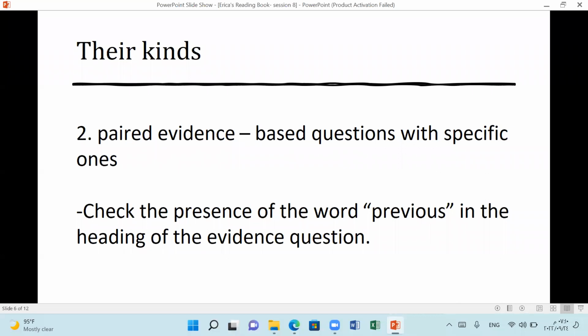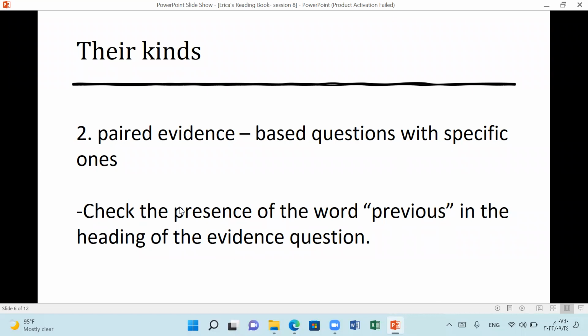The other type is called the paired evidence questions with specific ones. So this means that the evidence question will be paired up with another specific question so that you can be answering them both together. So instead of answering one question, you will be answering 2 questions at a time.